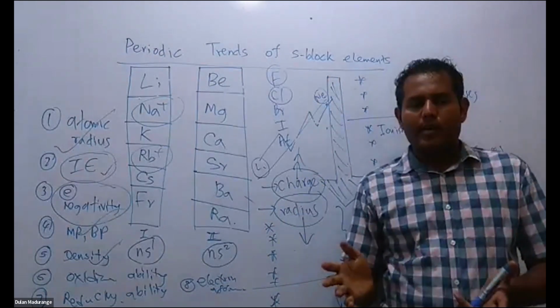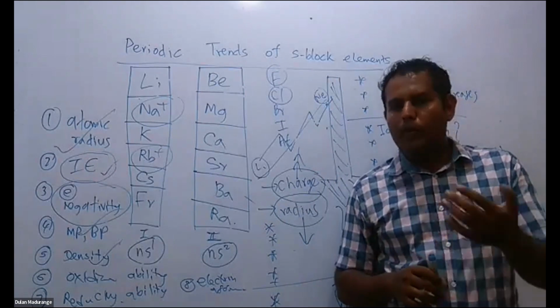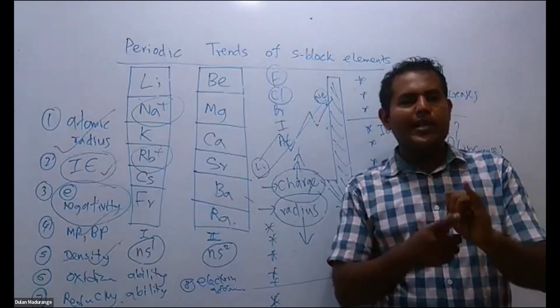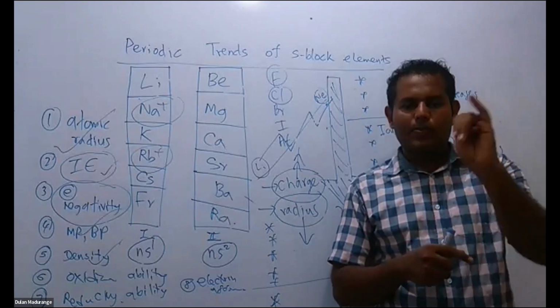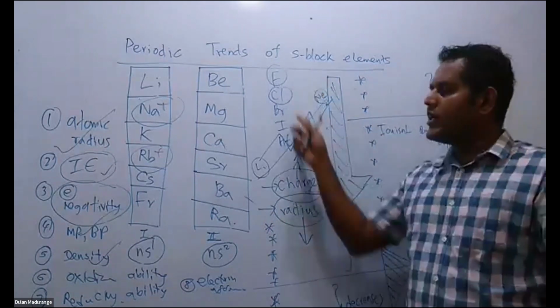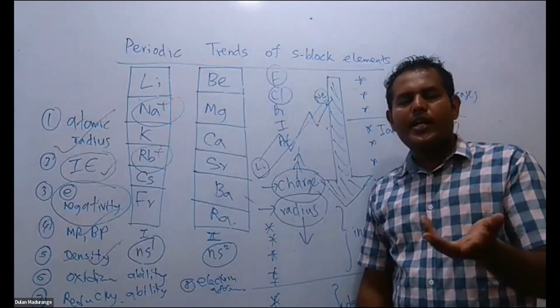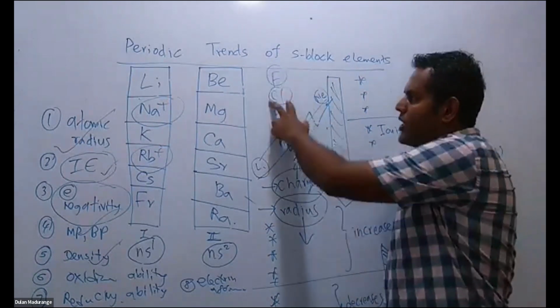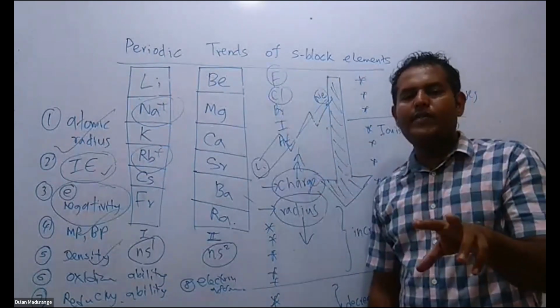I mean, there are a few elements that will absorb energy: beryllium, nitrogen, magnesium, noble gases. First electron affinity is positive for those. But for fluorine, chlorine, bromine, iodine, we can't say the first electron affinity is positive, it's negative. When you consider fluorine and chlorine, which one has the higher electron affinity value? Fluorine.